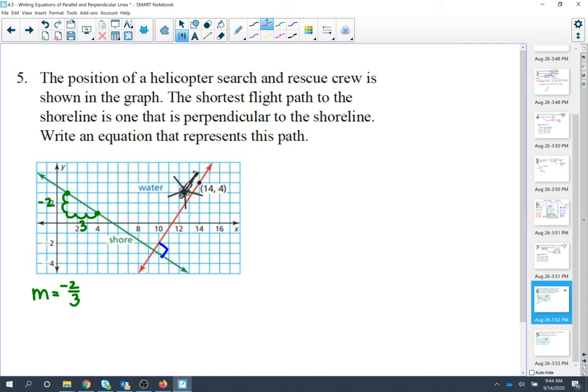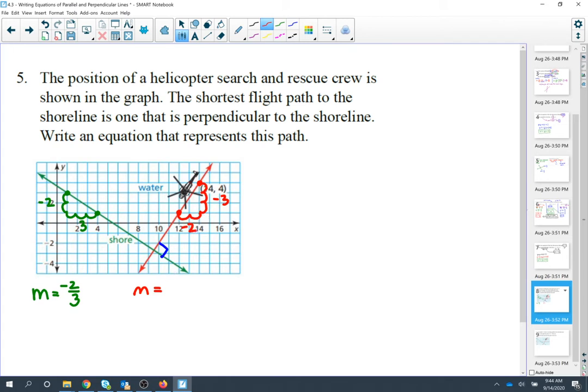Now let's find the slope of our helicopter's path. Any 2 points. We know this one, 14, 4, but it looks like we can also place this one right here. So I'm going to drop negative 1, 2, 3, and I'm going to run backwards, negative 1, 2.